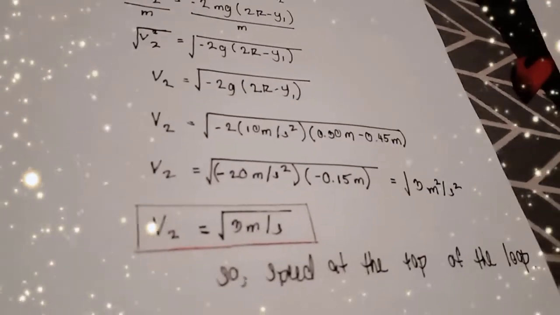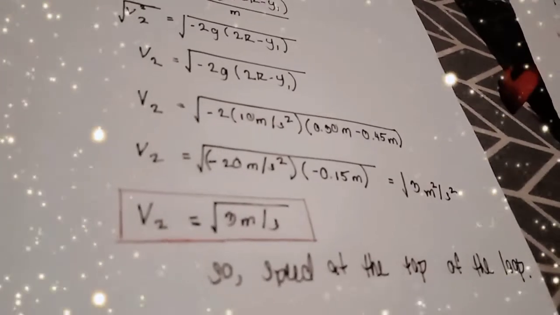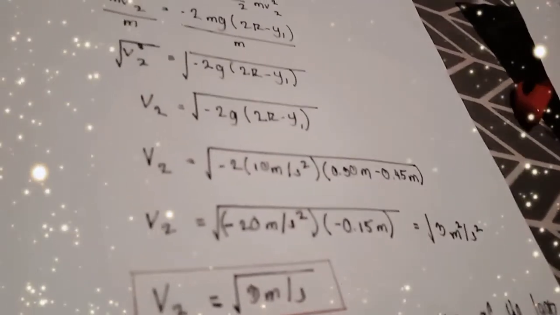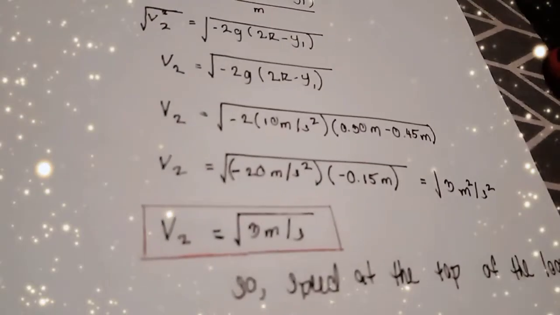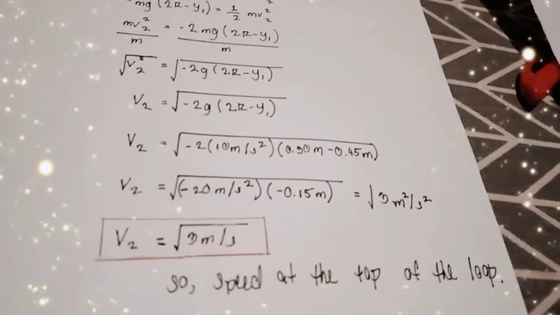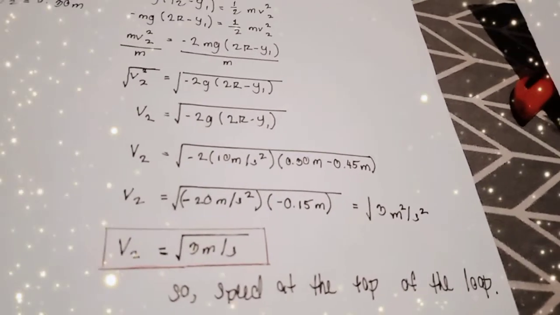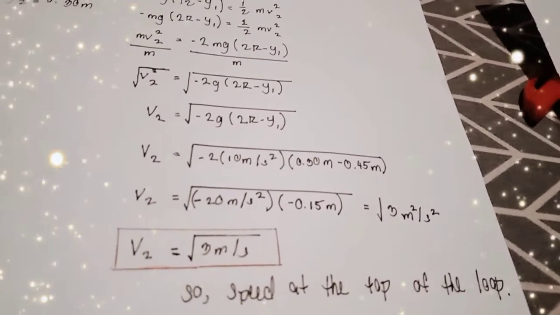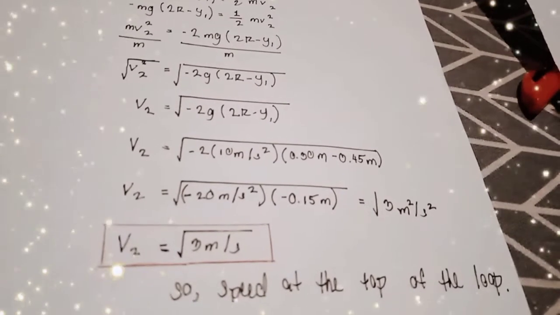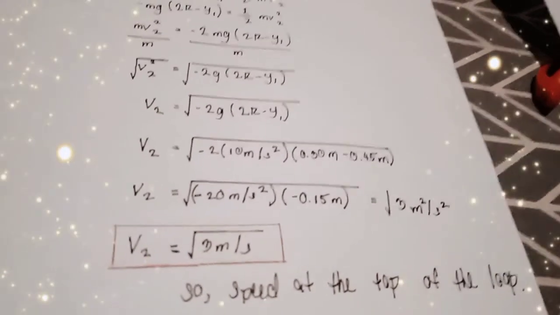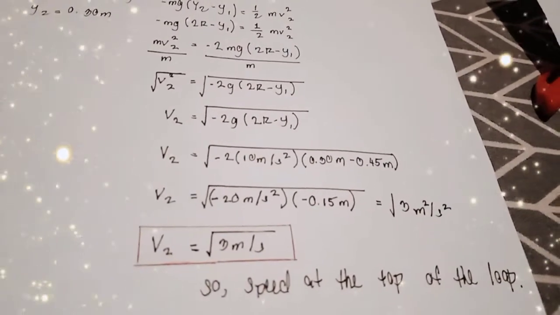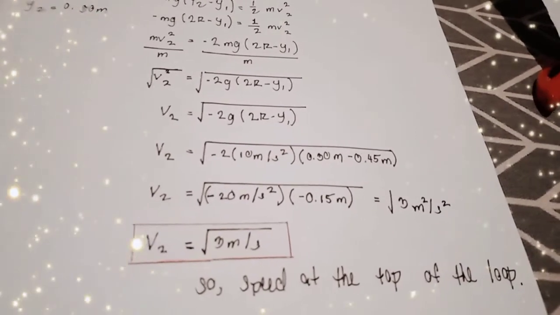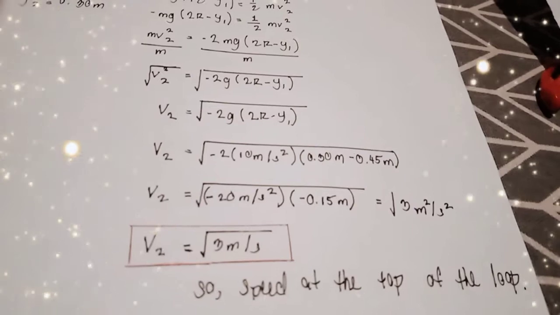Then multiply by 0.30 minus 0.45, which is negative 0.15 meter. So v square is equal to 3 meters square over second square. So our answer is v equals the square root of 3 meters per second.